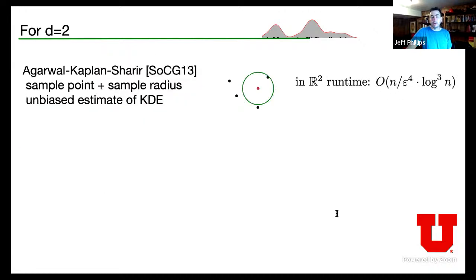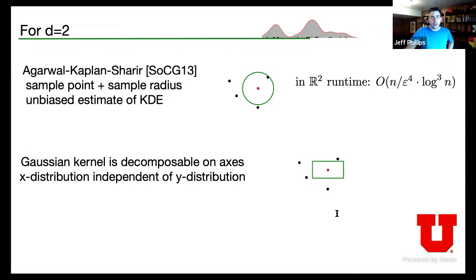In 2D, we're basically just refining this technique of Agarwal. The same idea: we want to sample a point and then sample a radius and look at the depth. But instead, we notice that a Gaussian kernel is decomposable on the axes, or on any basis. And so I can pick an X distribution for the width independent of a Y distribution.